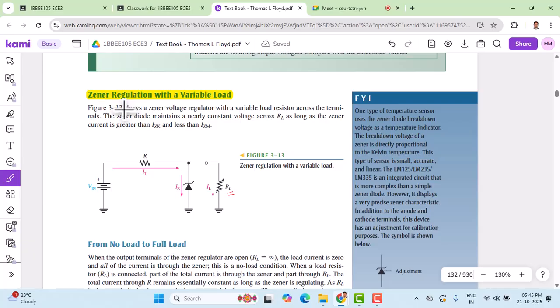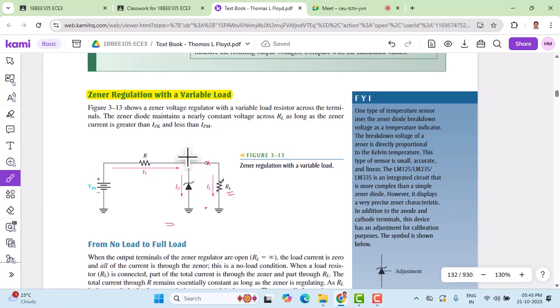Figure 3.13 shows a Zener voltage regulator with a variable load resistor across the terminals. So here is an example with input voltage fixed, and there is a variation of load resistance across the Zener diode. The Zener diode maintains nearly constant voltage across RL, whatever the breakdown voltage that we have preferred.